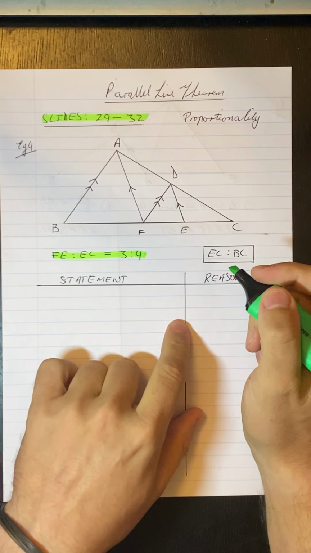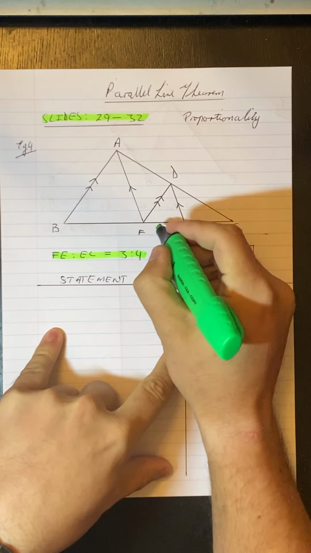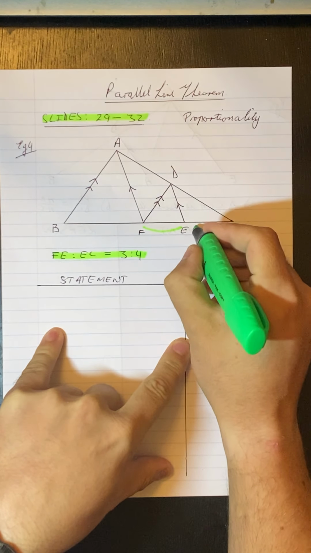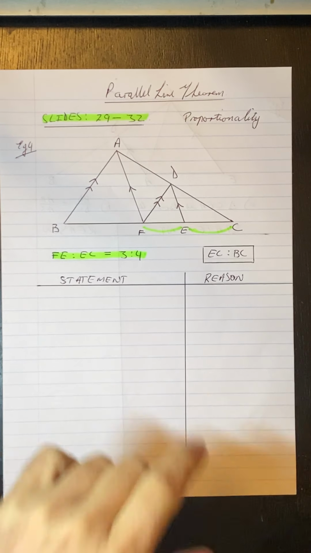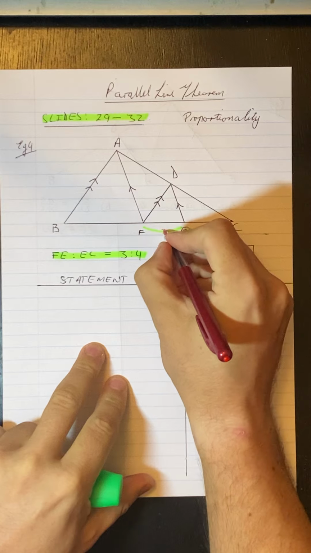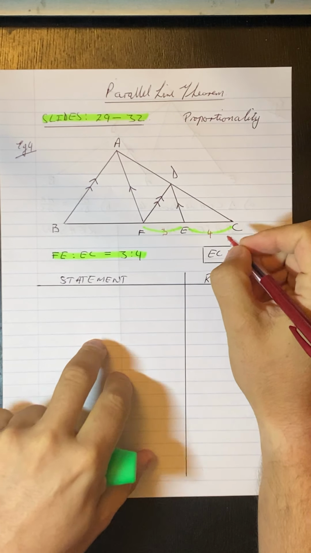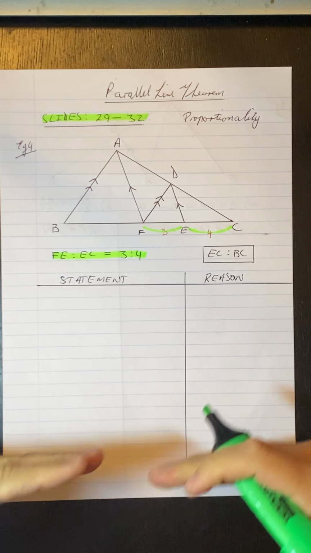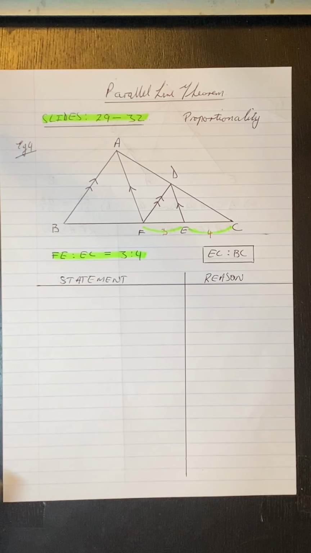So we know that FE to EC is 3 to 4. I'm just going to continue marking things and then I'll start getting onto the statement reason stuff and then we can just see where we're going with this.